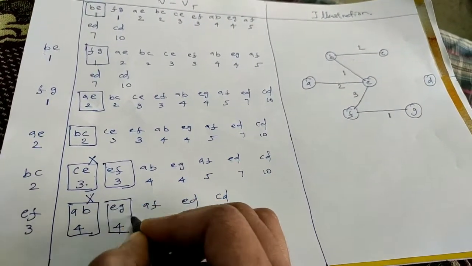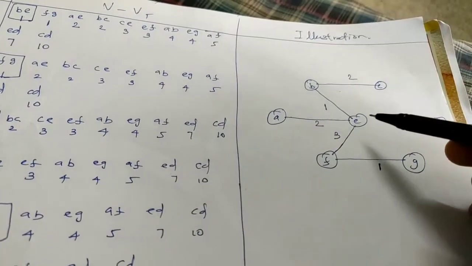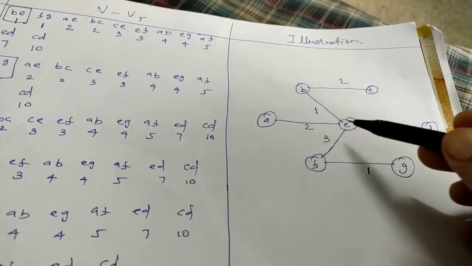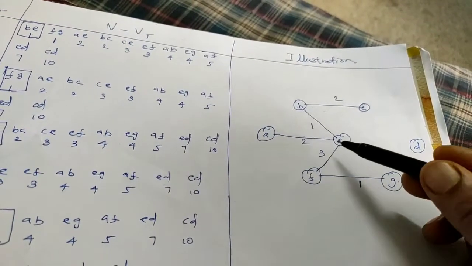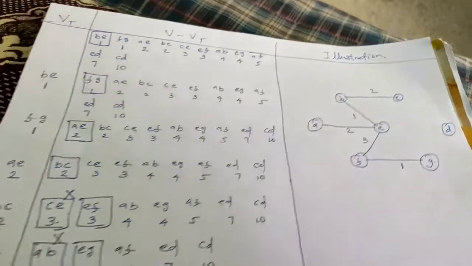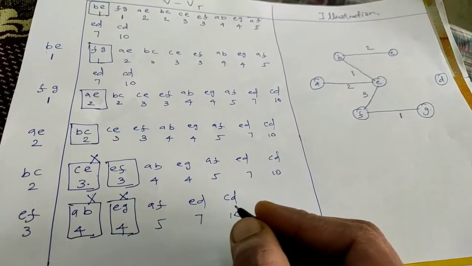Proceed with the next edge EG. If I include EG, this will also form a cycle between the vertices E, F, G. So I am not going to consider this as a spanning tree edge.